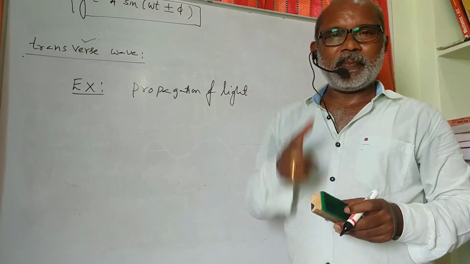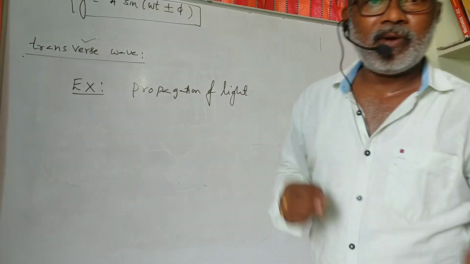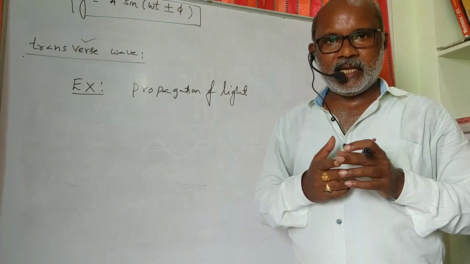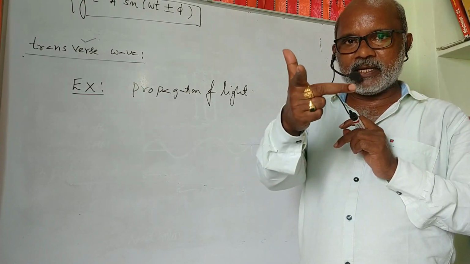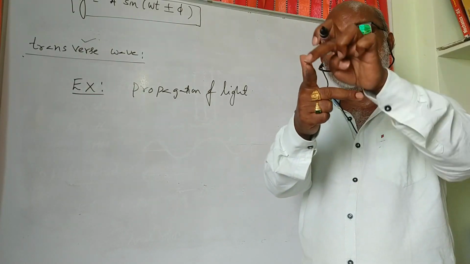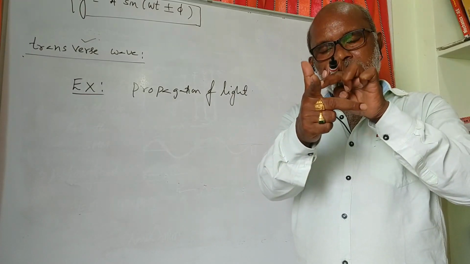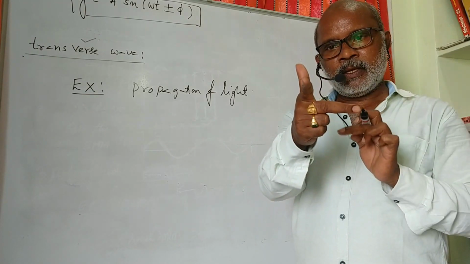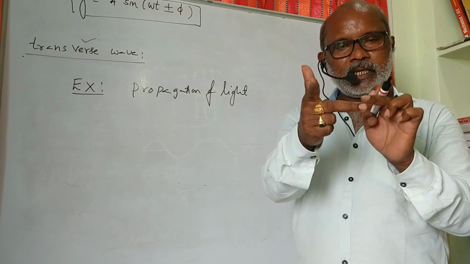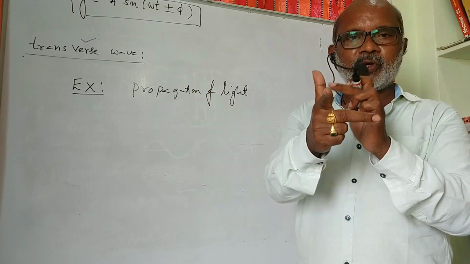Light energy always propagates in a direction perpendicular to both electric and magnetic fields, which you have learned in the electromagnetic wave theory. Maxwell's electromagnetic wave theory indicates that if you stretch your fingers in mutually perpendicular directions like this, this indicates the direction of propagation of light energy, that is, the electromagnetic wave. Light energy is an electromagnetic wave. In the direction of the central finger, if an electric field is developed, here a magnetic field will be produced.